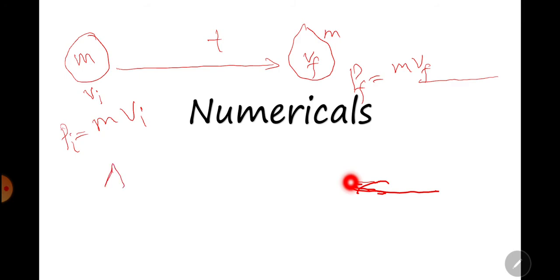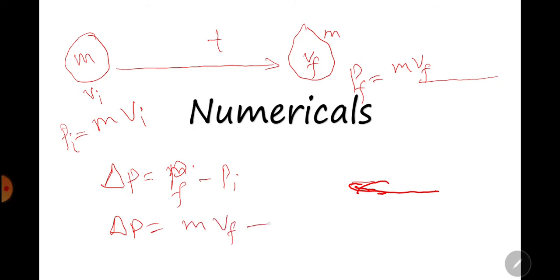So change in momentum is equal to final momentum minus initial momentum. So change in momentum is equal to m vf minus m vi. Now taking m common, del p is equal to m (vf minus vi).